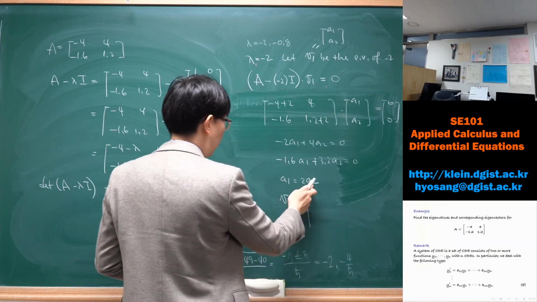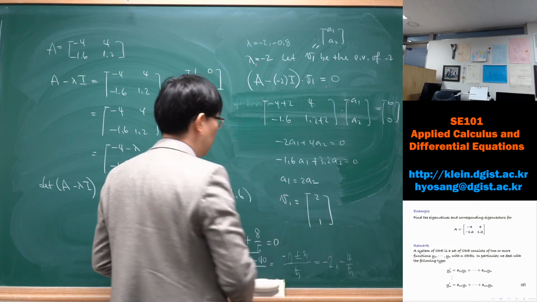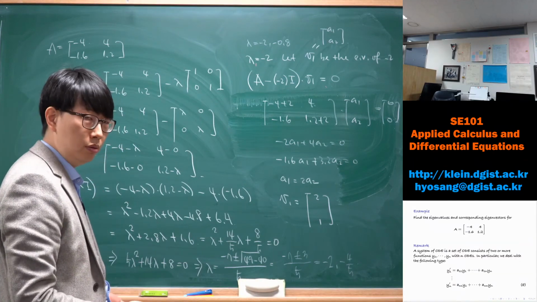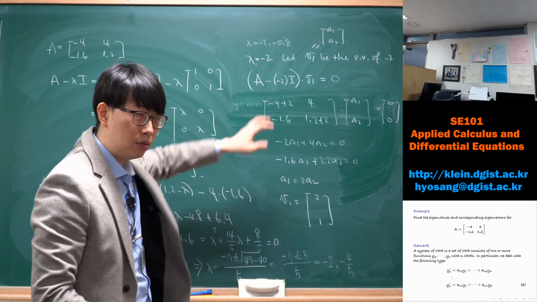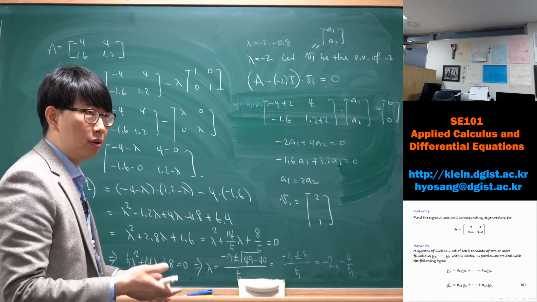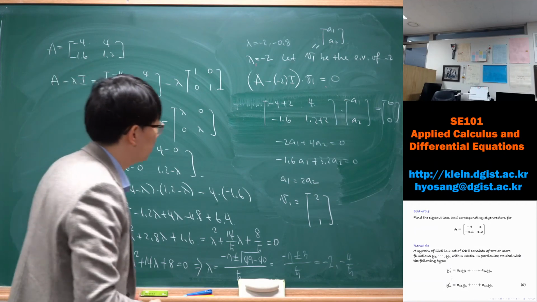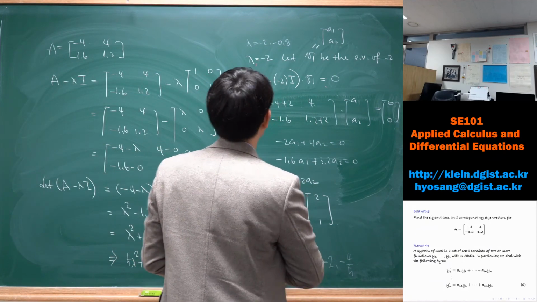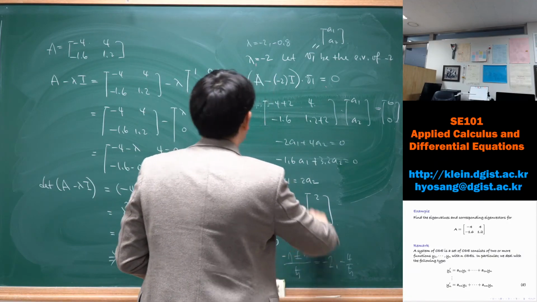If I plug in A2 as 1, then V1 is the matrix 2, 1, and this always holds. I'm not saying that there's a unique eigenvector. I only need one eigenvector. So this is an eigenvector of eigenvalue minus 2.